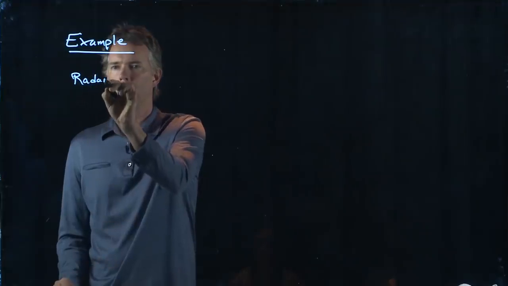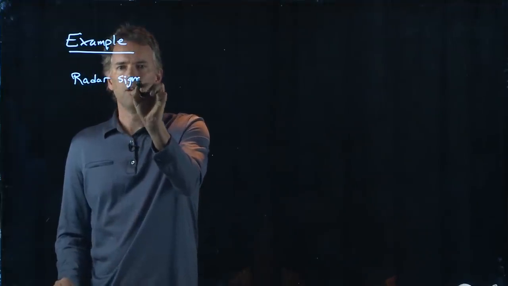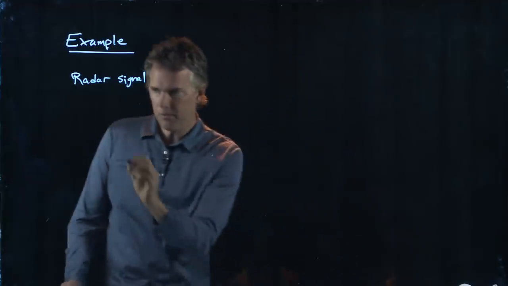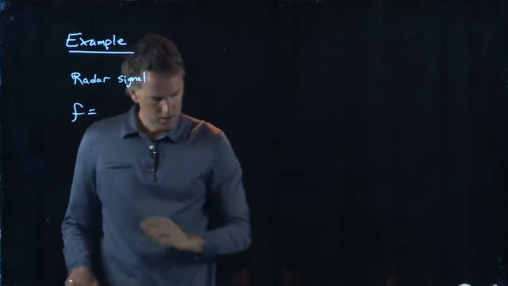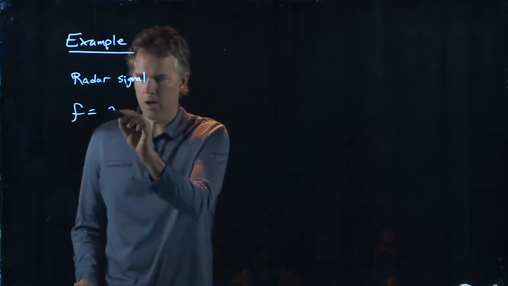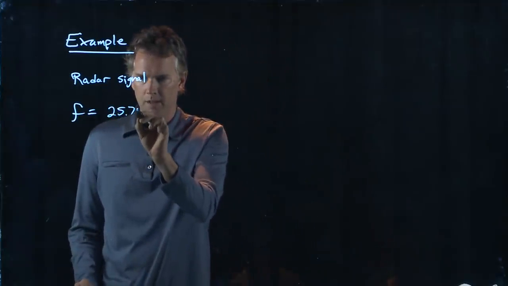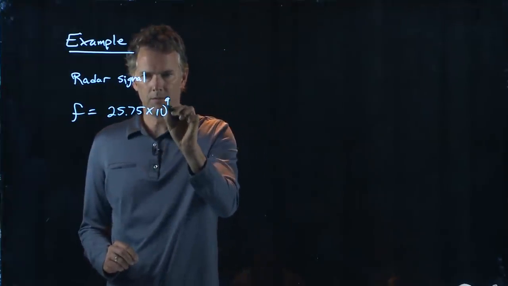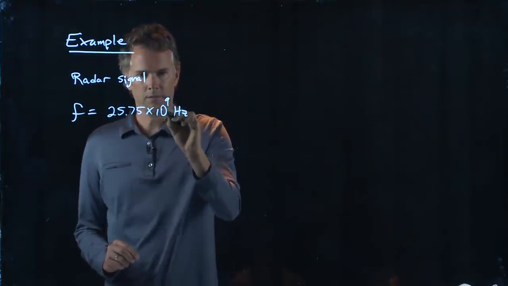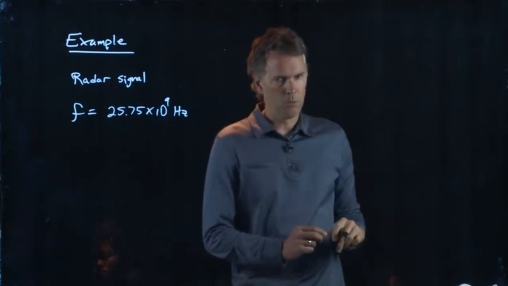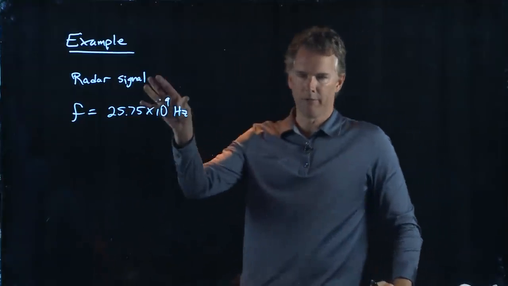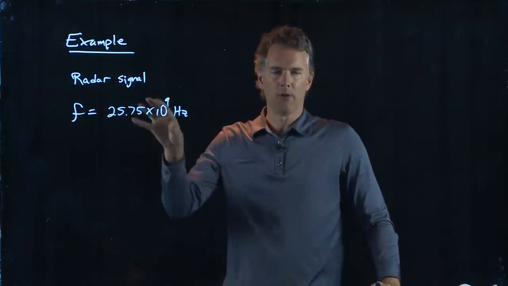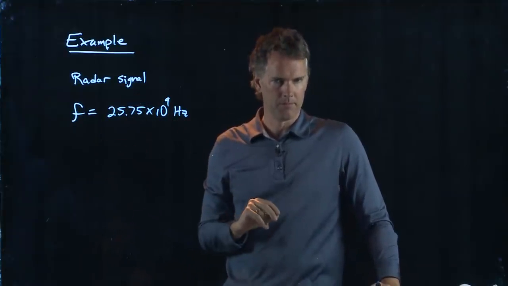Radar is just another region of the electromagnetic spectrum, and they're telling us that the frequency is 25.75 times 10 to the 9 hertz. A frequency of this range means it's in the radio frequency part of the spectrum.